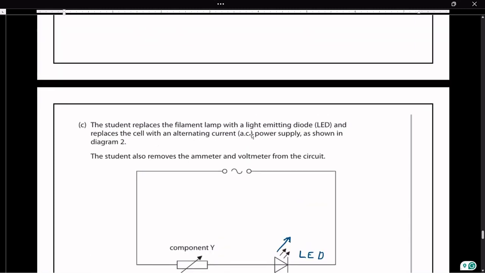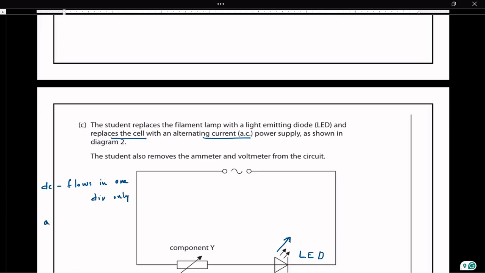It replaces the lamp with the LED and it replaces the cell with an alternating current source. That is the reason. Cell, which is DC, and this is an alternating source. So we have studied about DC. DC means flows in one direction only.